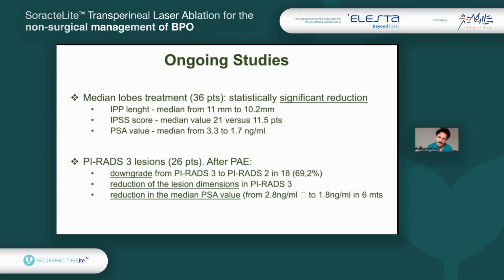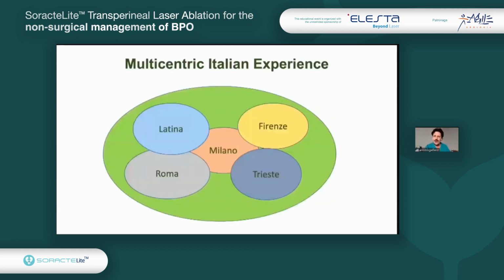We are studying what happens to patients undergoing PAE with a PI-RADS 3 lesion, and what happens after biopsy. Obviously, mostly they have a downgrade to PI-RADS 2, and they have a reduction of the dimension of the PI-RADS 3 lesion.